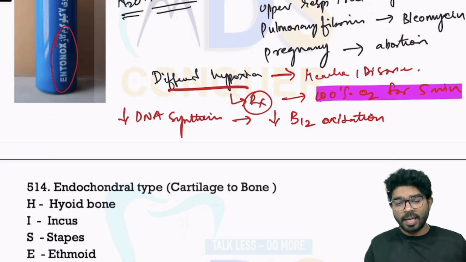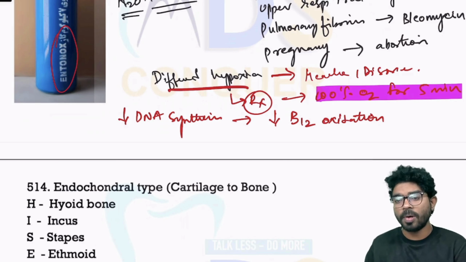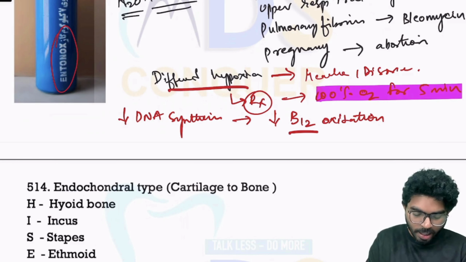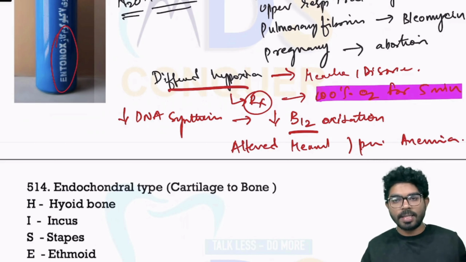Nitrous oxide has an indirect effect on the occurrence of altered hemopoiesis. That is, it may lead to pernicious anemia because it's playing with B12. So B12 may cause altered hemopoiesis or pernicious anemia. These are the important lines that you have to make a note of when I'm talking about nitrous oxide.